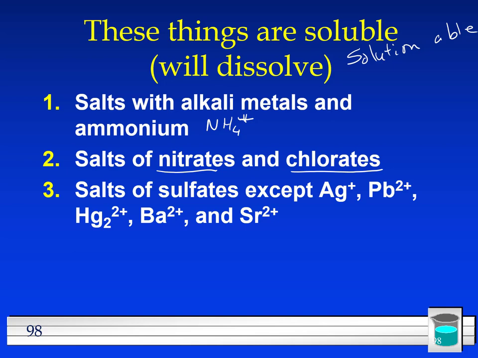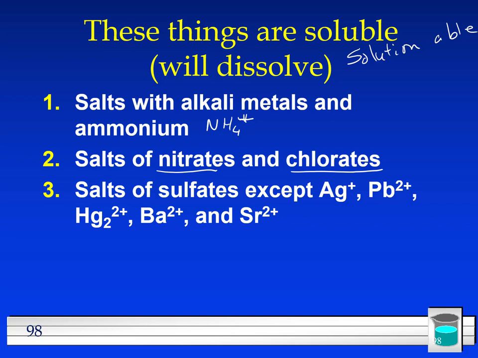Sulfates. Most sulfates dissolve in water. There are a few exceptions. You don't have to remember the exceptions. You just have to remember to look at them. So the exceptions are silver 1, lead 2, mercury 1, barium, and strontium.